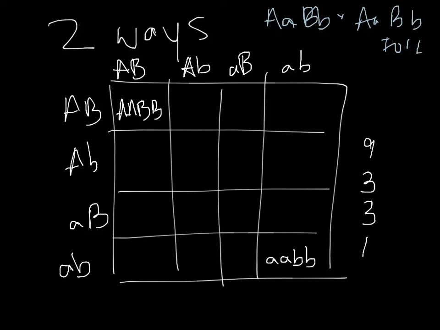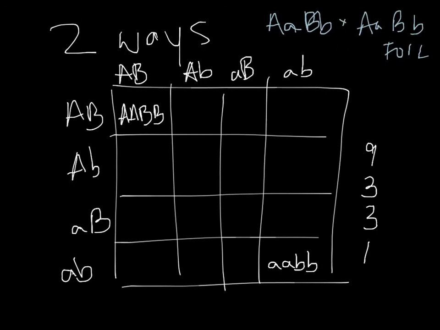And in terms of phenotypic ratios, you'll end up finding 9 dominant, 3 dominant recessive, 3 recessive dominant, and 1 recessive recessive, if you continue through the Punnett square. So go ahead and try that out. If you have any questions about it, please ask.